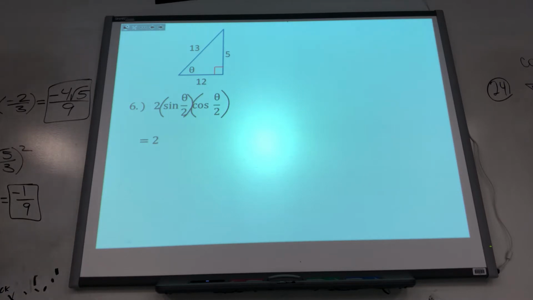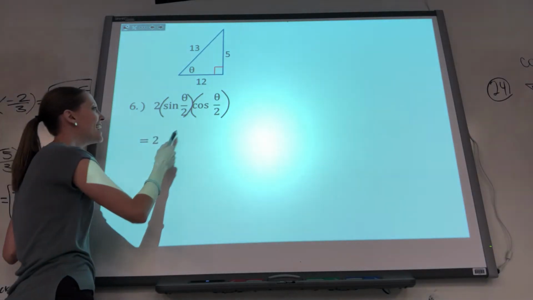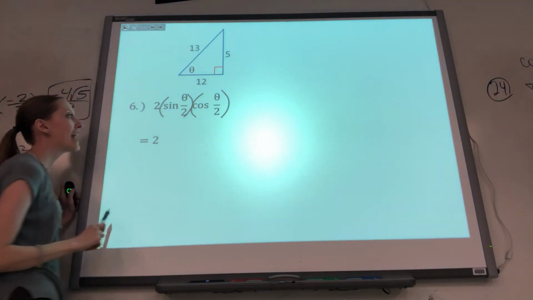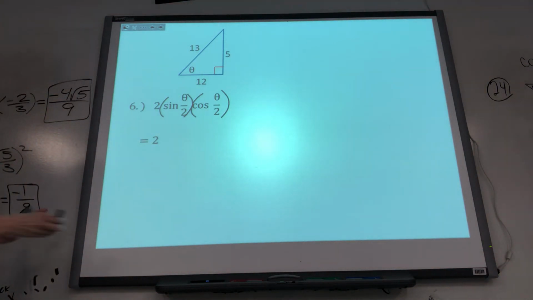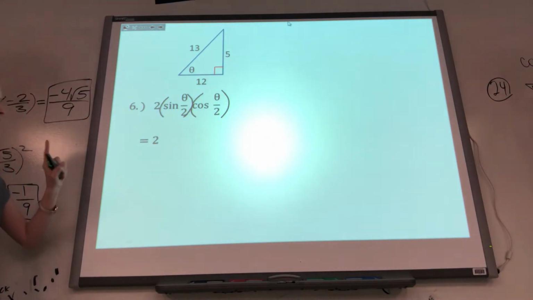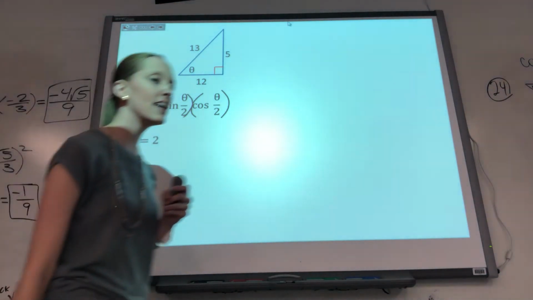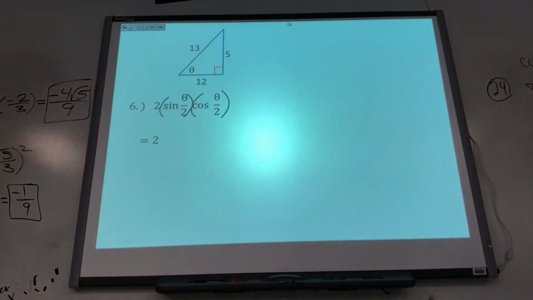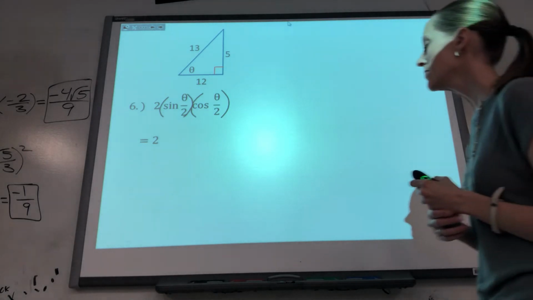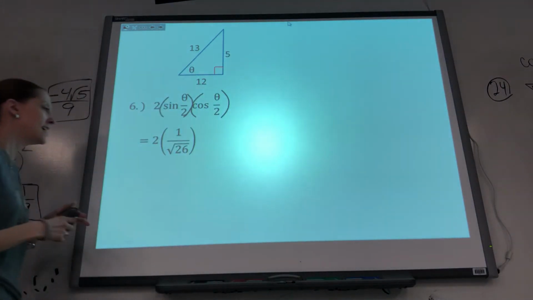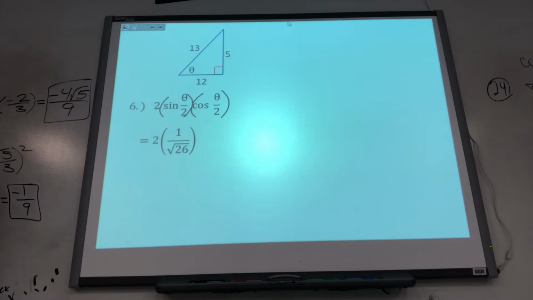Now, when I do this, like the 7th time I've said this today, I like to use the fractions before they were rationalized. If you go back again to sine of theta over 2, it was square root of 26 over 26, but right before that, it was 1 over square root of 26. So that's what I'm going to use.